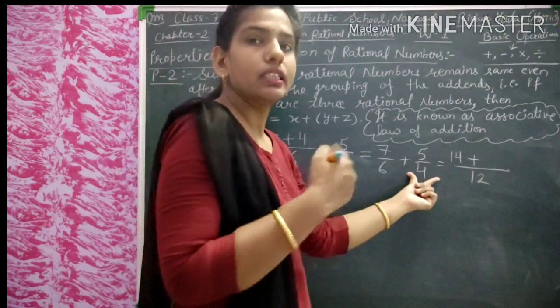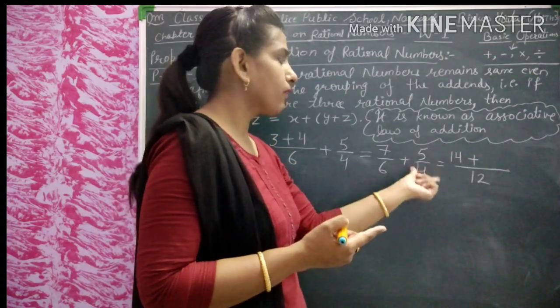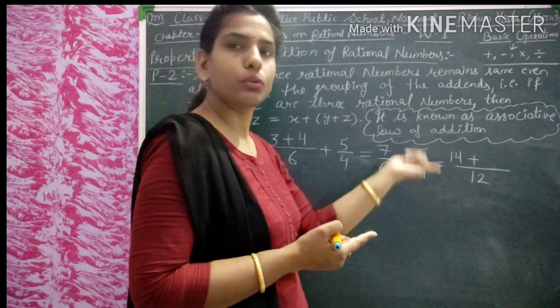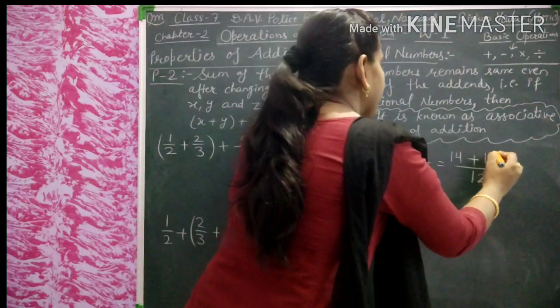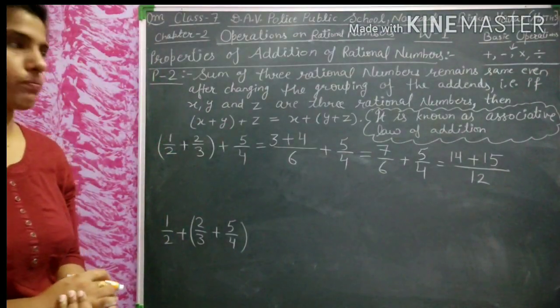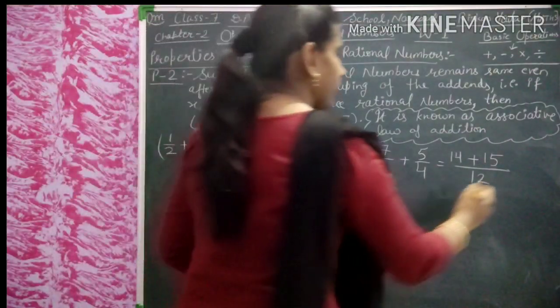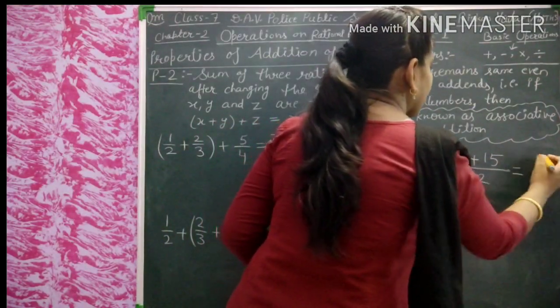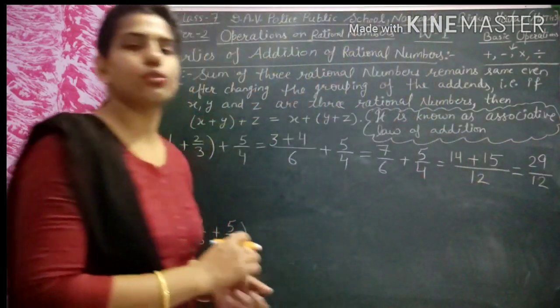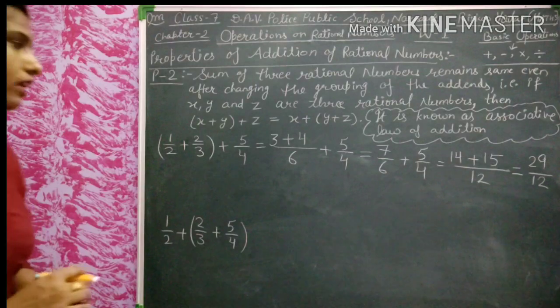Yes, 4 times 3 is 12, so we multiply 5 by 3 in the numerator also. 3 times 5 is 15. Then 14 plus 15 is 29, so we get 29 by 12.